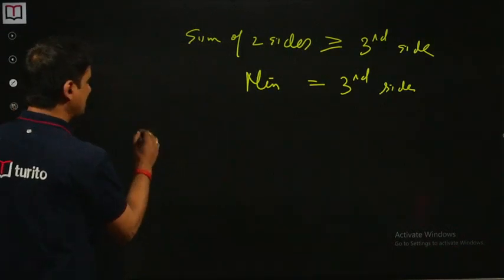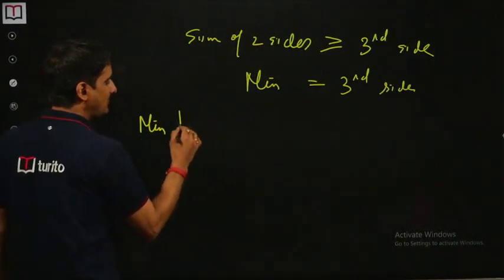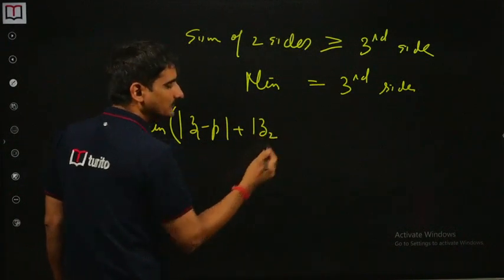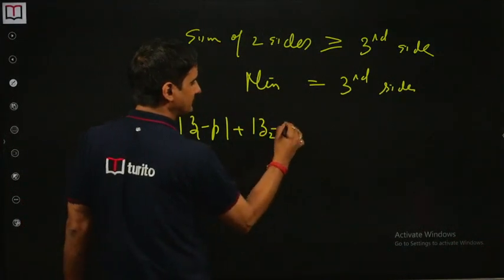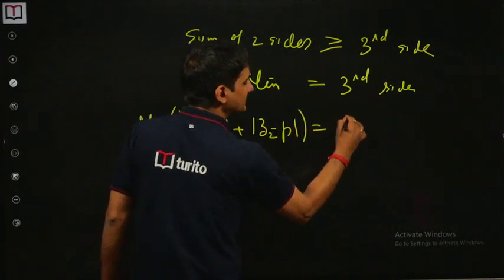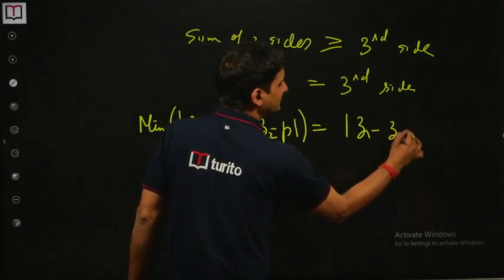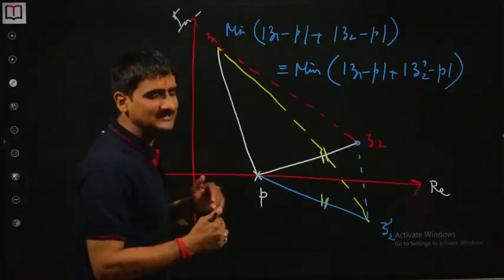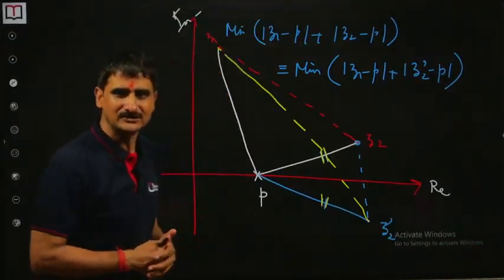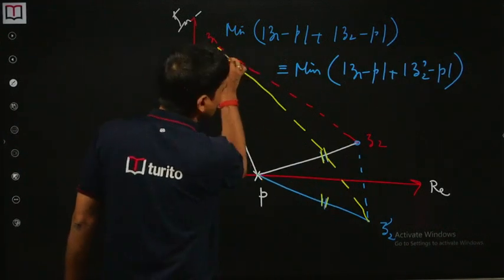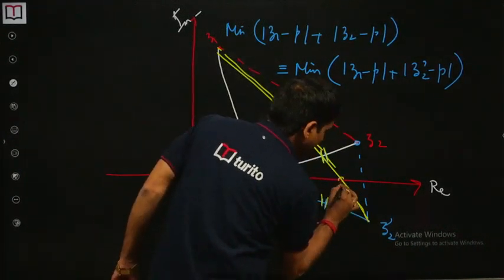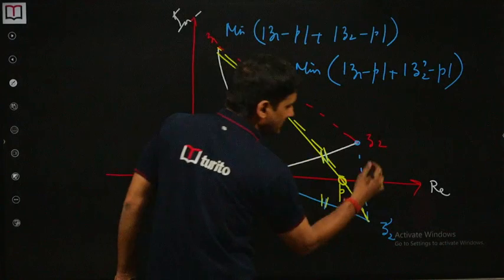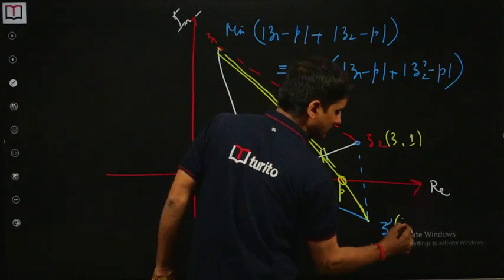So the minimum of mod Z1 minus P plus mod Z2 dash minus P is equal to the distance between Z1 and Z2 dash. That's it. And when will that happen? The triangle inequality becomes equality when all three points are collinear. So P should be here, bachcho. And how will you get it? The mirror image of (3, 1) is (3, minus 1).